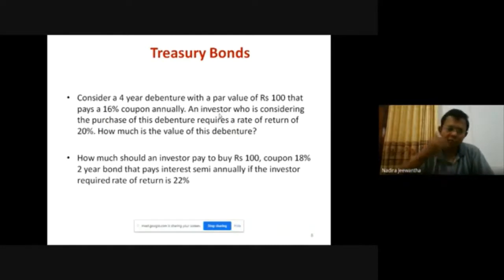So if you find the value for 100, for example, 89 for 100, you have to invest 89 to have 100 on the maturity. If we get the answer 90, for example, we have to invest 90 rupees to get 100 on the maturity.